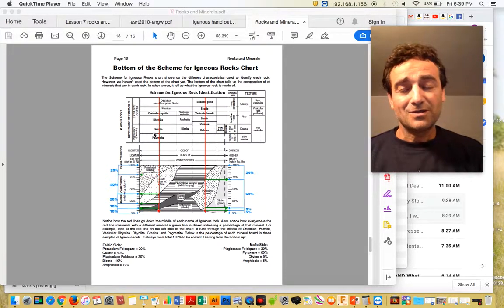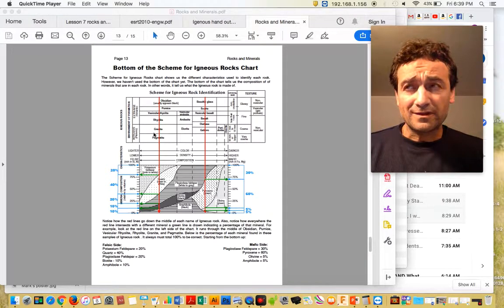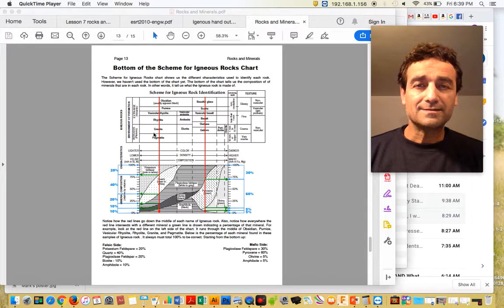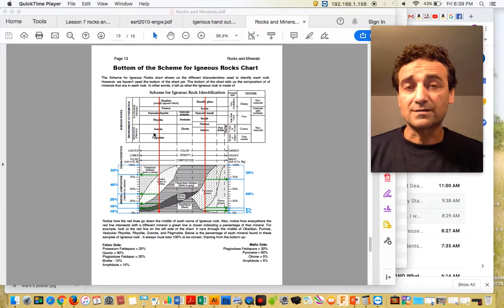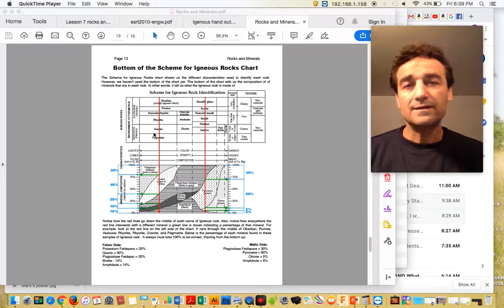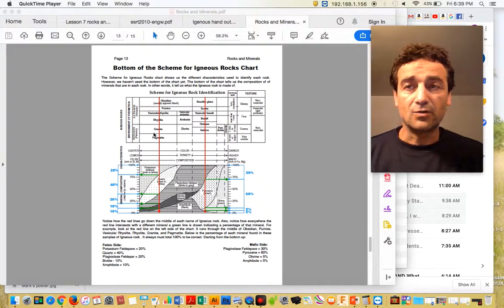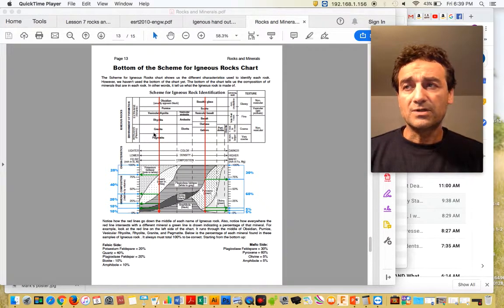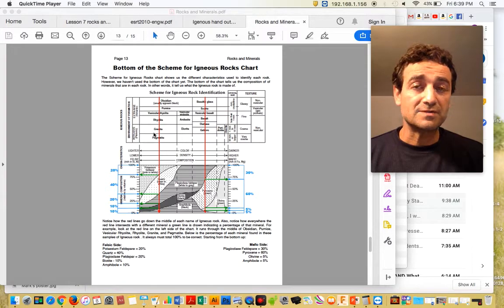All right. So we started with the top part of the igneous rocks chart, and we discussed how we classify certain rocks and what the names of those igneous rocks are. And then yesterday we worked on the middle part of the chart, the part where we learn which rocks have a higher density or a lower density, or which rocks are mafic in composition or felsic in composition, right?